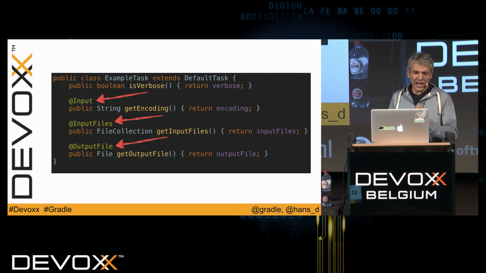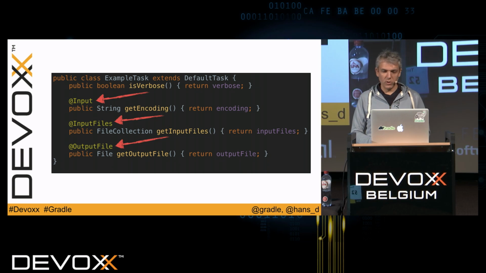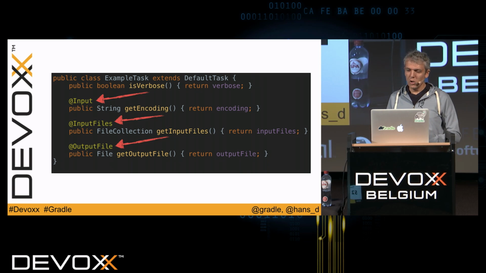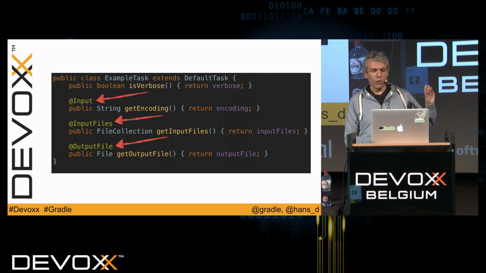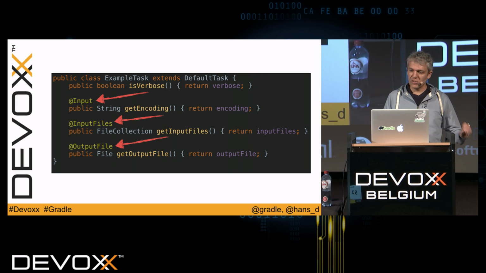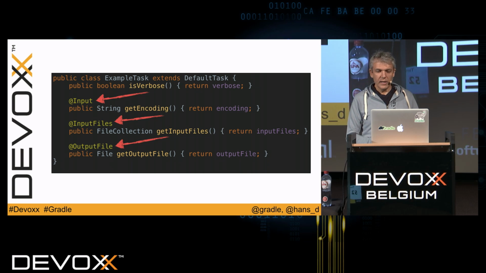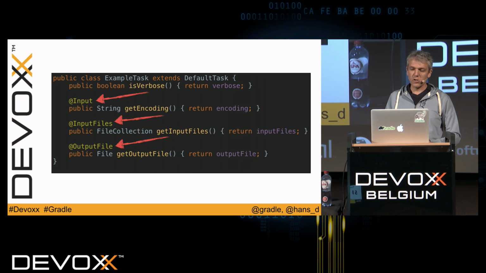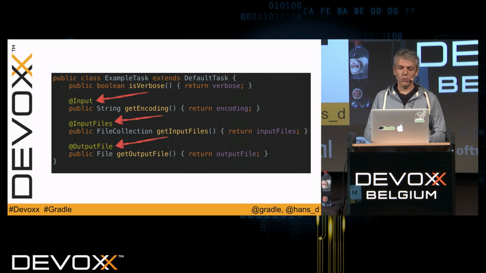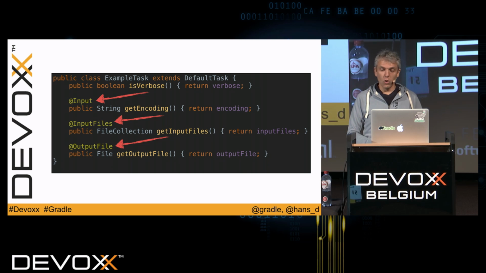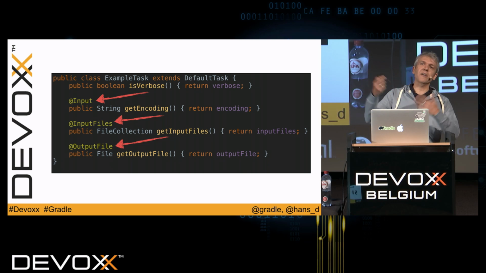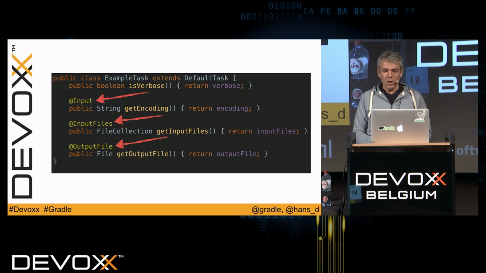And if a task describes the input and the outputs, whenever you run Gradle, we store the hash of all the inputs and all the outputs of the task. So the actual output of this cache is in a build directory, but the hashes that fingerprint this output and the inputs live somewhere else. The build directory is similar to the target directory in Maven. So the build directory is part of this cache.